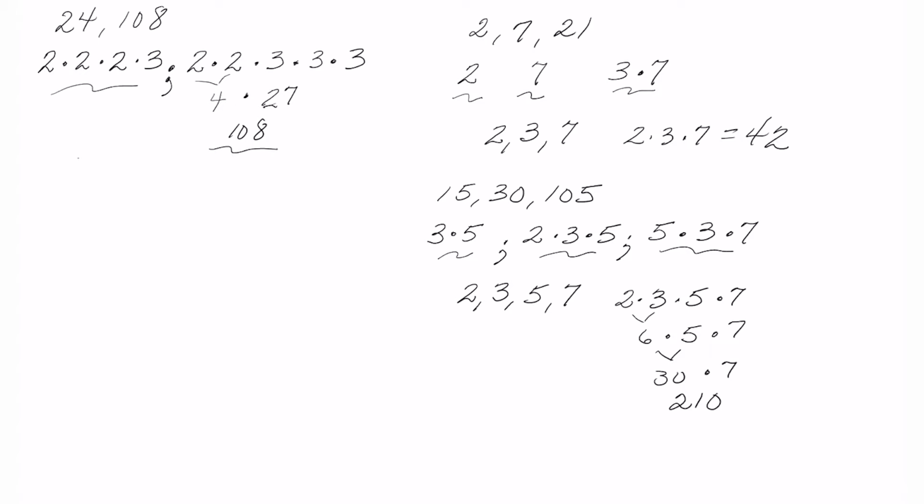So we're going to need 2 to the third power because we have three 2s here, and then we're going to need 3 to the third power. So we have 8 times 27, which is 216. So our least common multiple is 216.